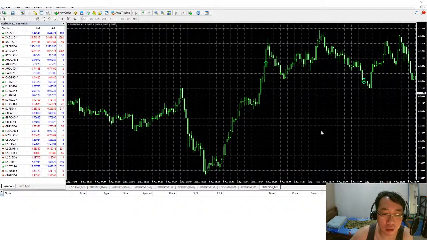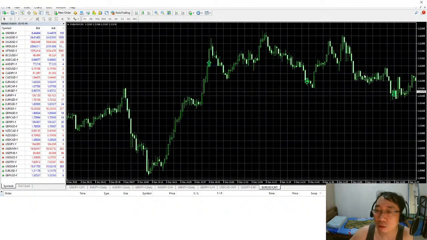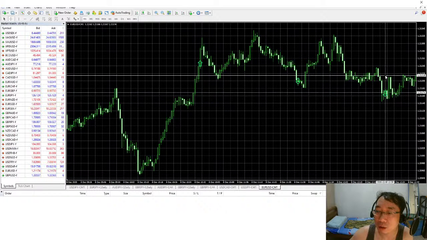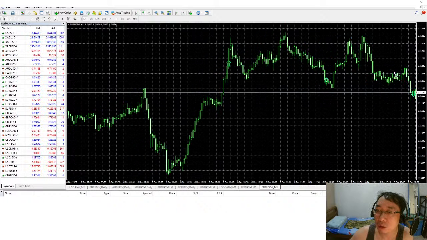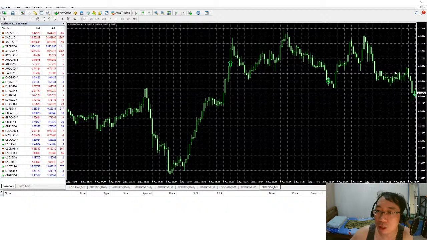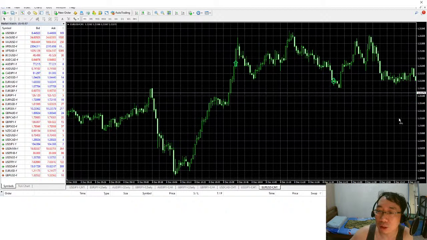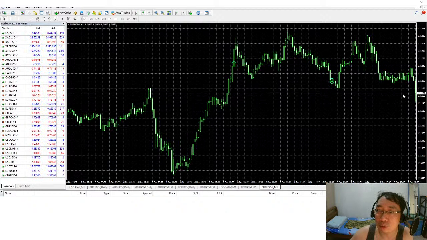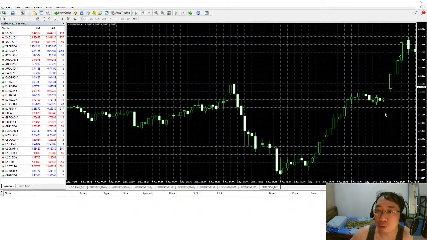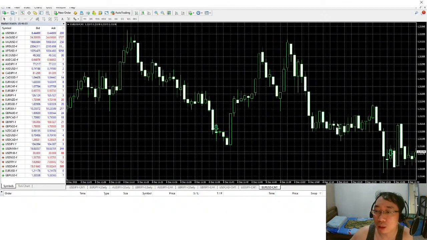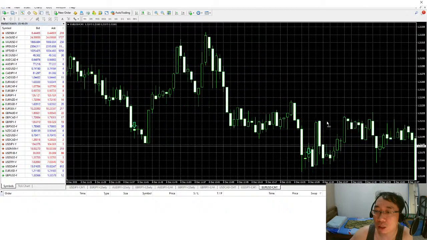What's my next loss? Another Euro USD loss, 12:29. Okay, here. Same problem as well. I thought this was okay. Maybe I can zoom in. Yeah, let's make it easier to see.